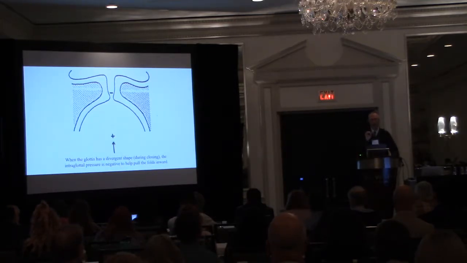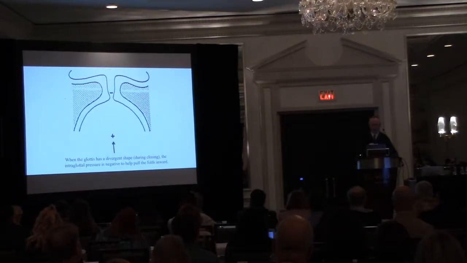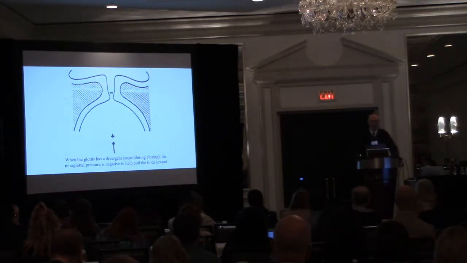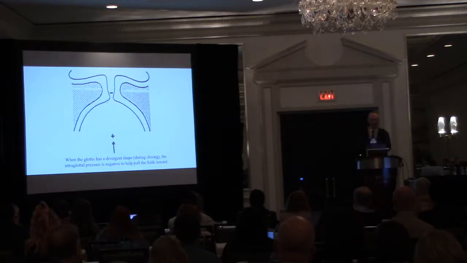Now, when it's divergent, we have the occurrence of the Bernoulli effect. The Bernoulli effect is negative pressure because the Bernoulli equation says so. The only time the Bernoulli effect is happening is when the vocal folds are coming back toward each other and there's this divergent shape. The Bernoulli equation says that the pressure down here in the glottis has to be lower than the pressure up here.